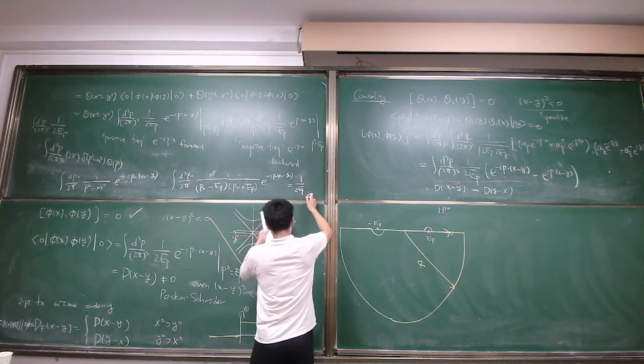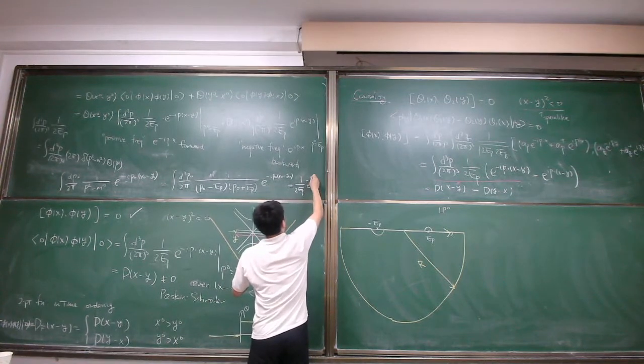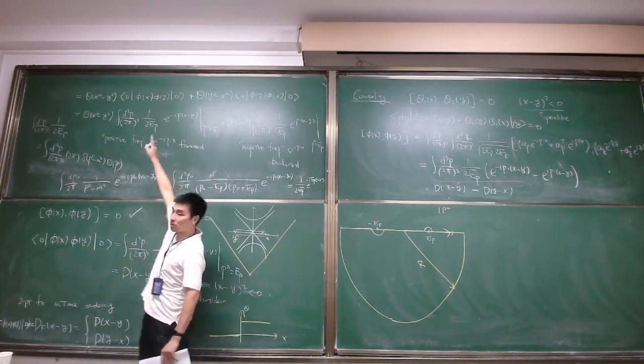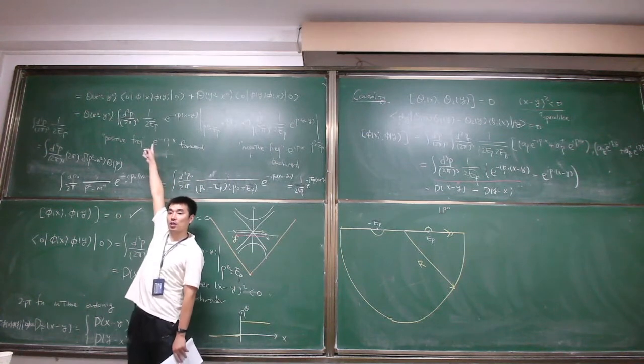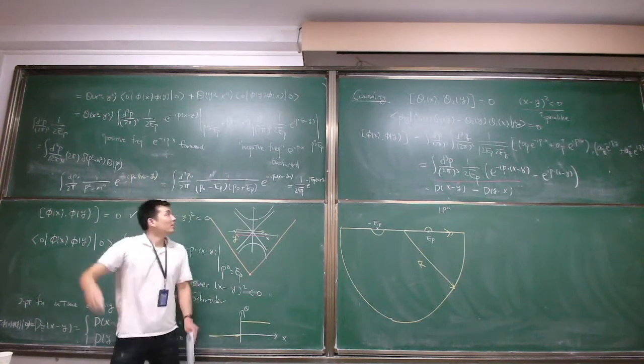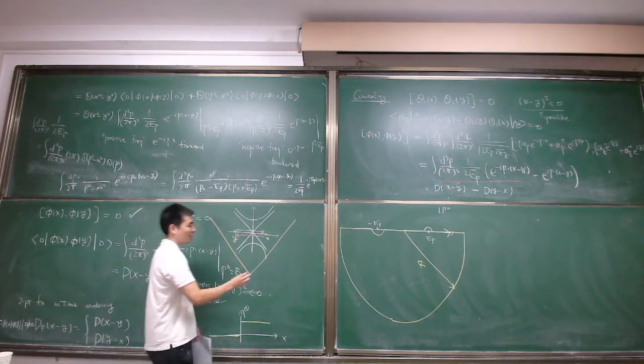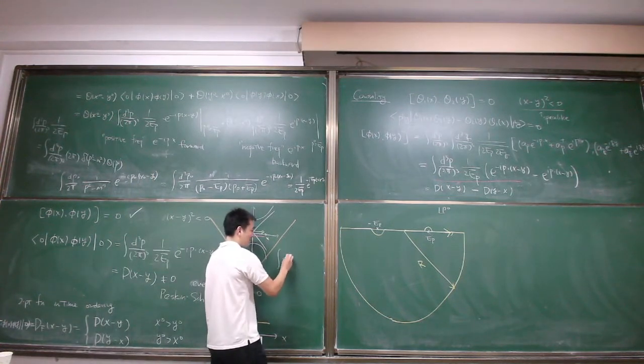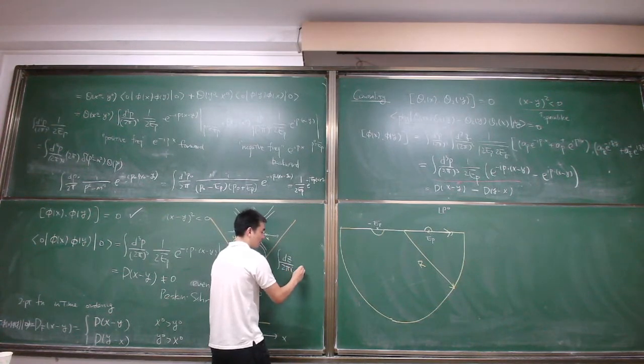If you do this careful analysis of sign, you get 1 over EP, e to the minus I EP, x0 minus y0. This is exactly what we want from here. You understand? So you have to do this kind of analysis. You learn it in complex analysis, right?